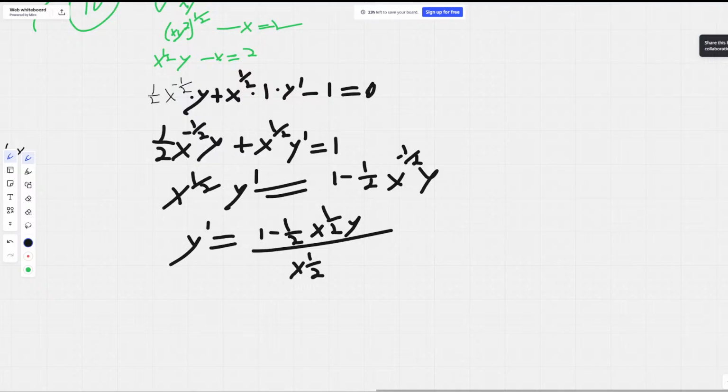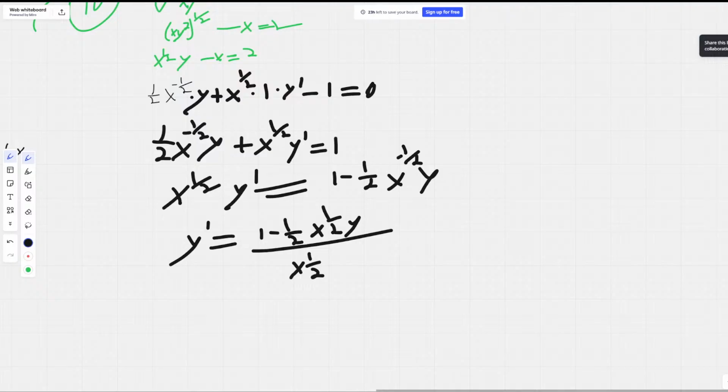Going then into 1 equals 1/2 xy plus x^1/2 y prime, all concluding to x^1/2 y prime equals 1 minus half xy. Oops.